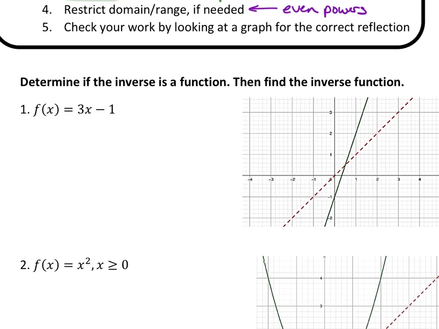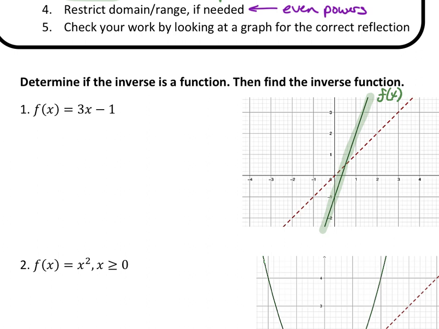Okay. First things first, determine if the inverse is a function and then find the inverse function. Now again, might be kind of hard for you to see this because of the way it prints on your paper, but this right here is my function. We'll call that f of x. Now if we use the horizontal line test on f of x, does it pass or does it fail?